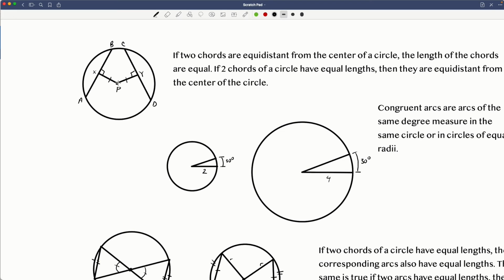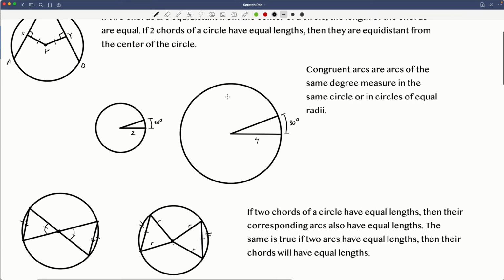Well, they're not full radii, but they're radius beginnings, and they end in two chords. They're perpendicular to the chords, and both of these segments of the radii are congruent in length. So therefore, if the two chords of the circle have the same lengths, then they are equidistant from the center of the circle, as illustrated by these two congruent lines here.